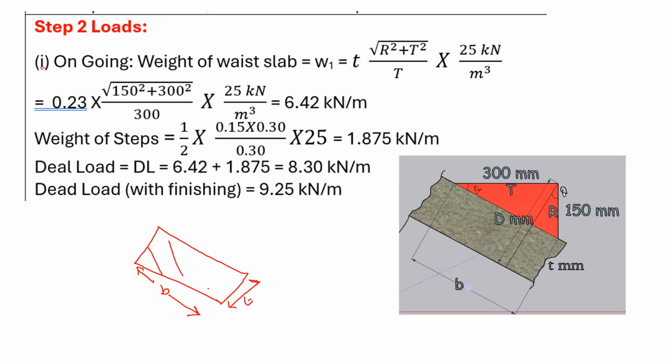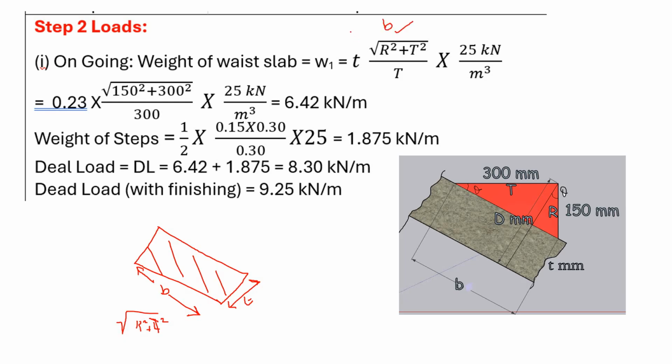So for the weight of the waist slab, this B is nothing but square root of R square plus T square, which is shown here.